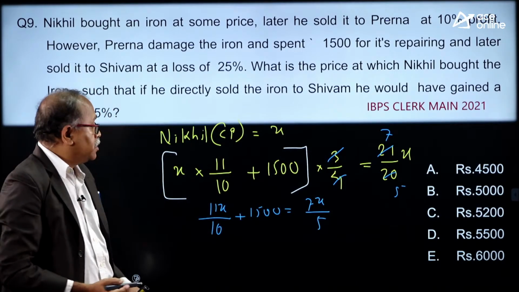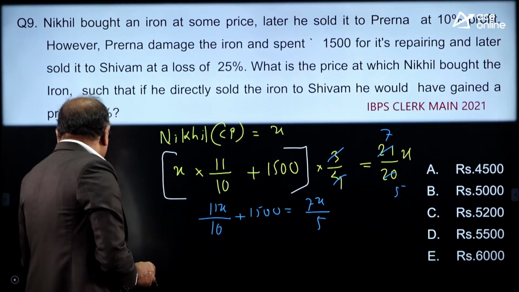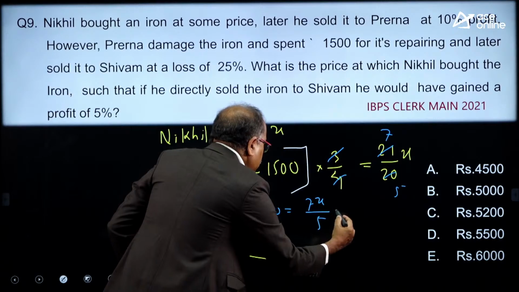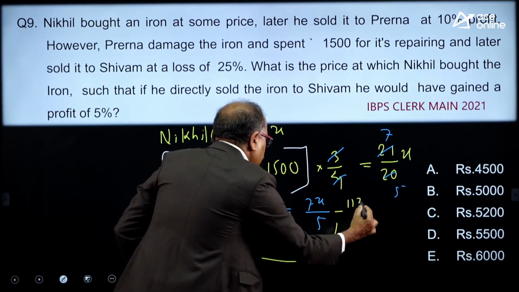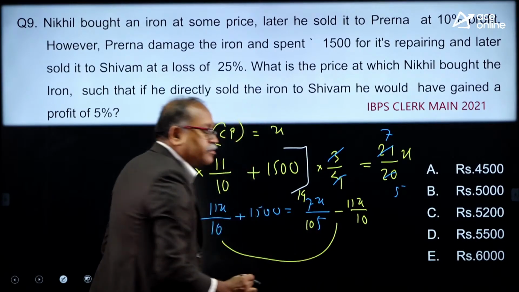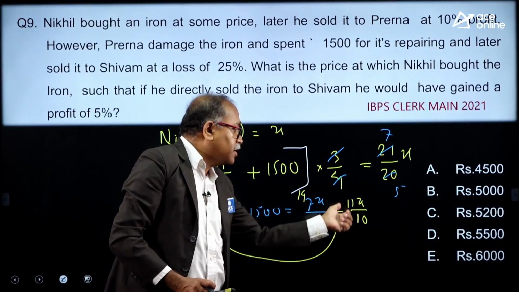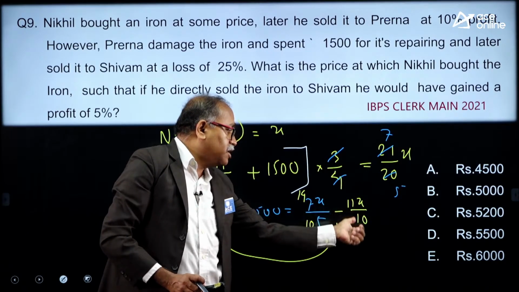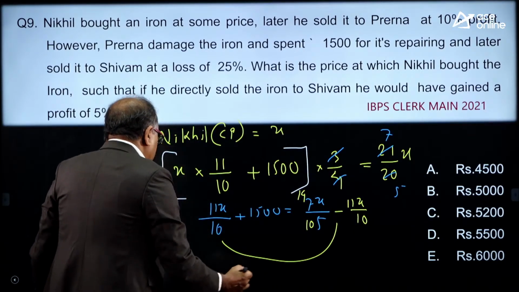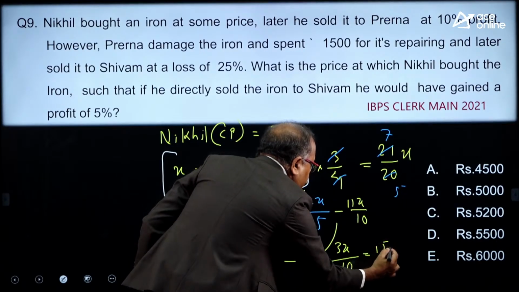Can you take this to the other side? So this becomes minus 11x by 10. So make it 14 by 10 here. The denominator is equal, so 14x by 10 minus 11x by 10 gives 3x by 10, which is equal to 1500.